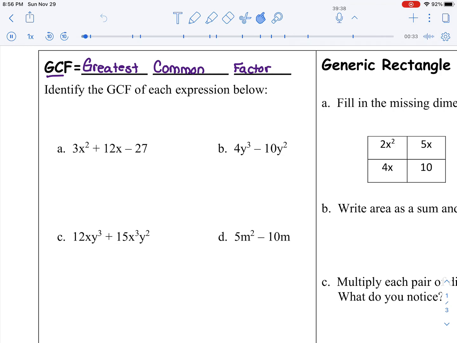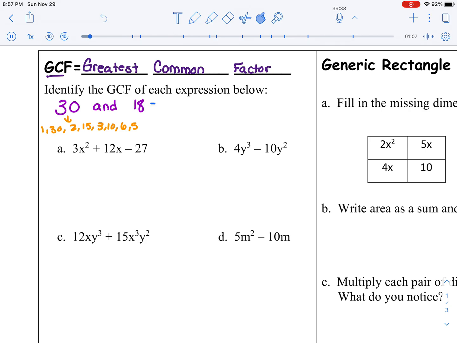So, for instance, if I look at the terms 30 and 18, there's a lot of different numbers that those are both divisible by. 30 has factors of 1 and 30, 2 and 15, 3 and 10, and 6 and 5.